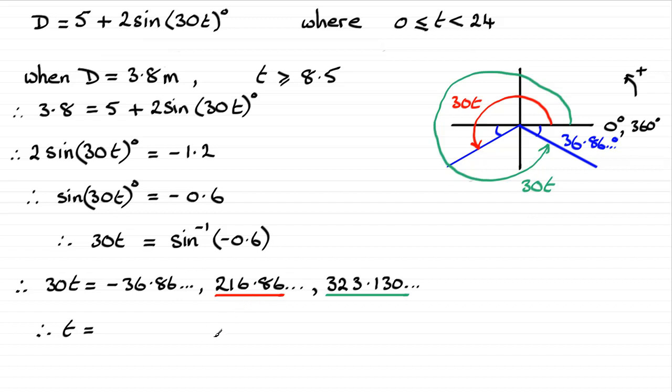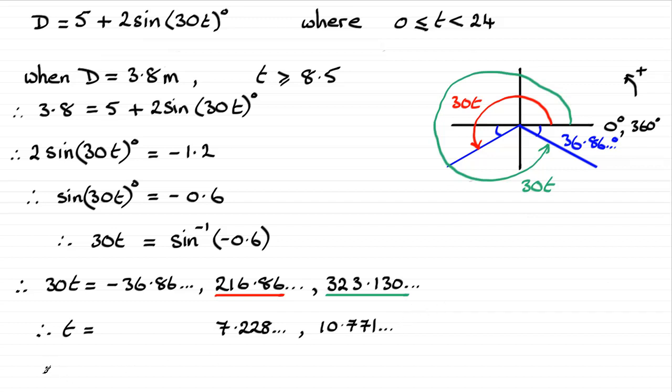If we divide this one though by 30, you should find you get 7.228 and so on. Okay, clearly that's not greater than or equal to 8.5, so that's not going to be a solution. This one, however, when you divide it by 30, gives you 10.771 and so on, okay? And that's going to be the one that we want.